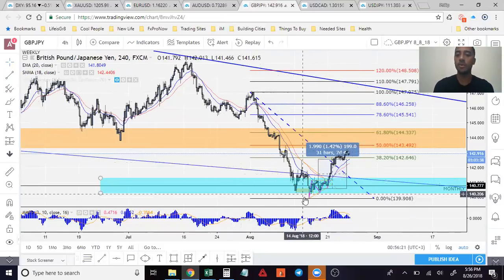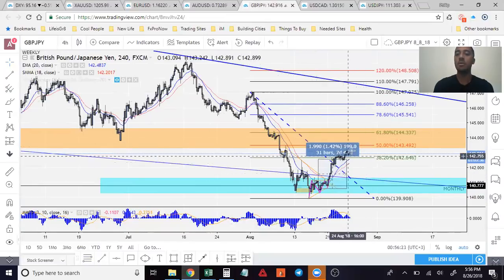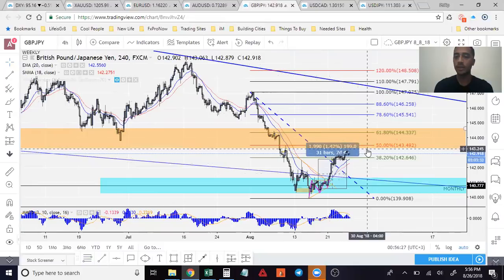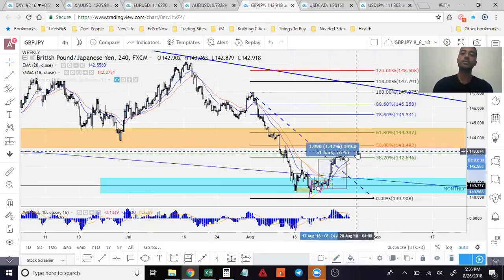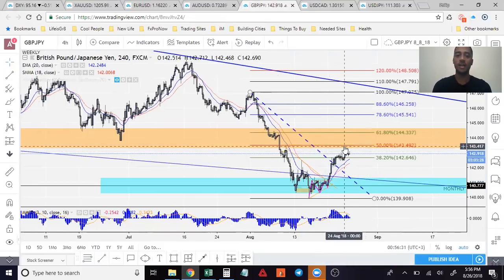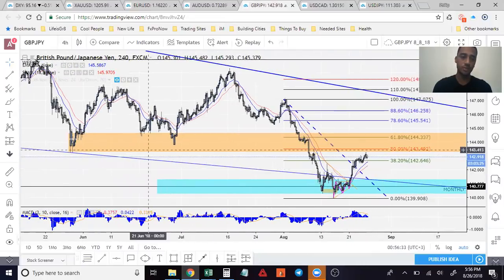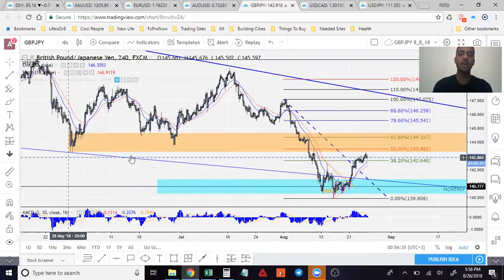So point A, point B right here, and now price is in between 50% and 38.2, right at that area where that supply and demand zone has been drawn, and the supply and demand zone is based upon this area right here, right?